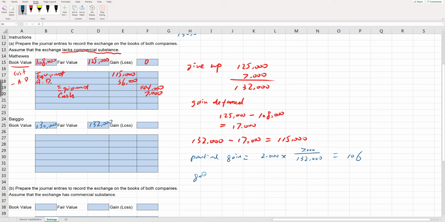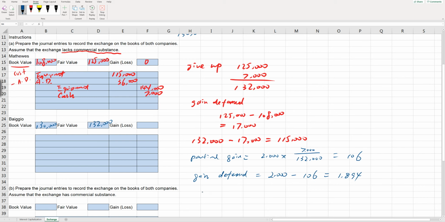So the gains deferred from this transaction, total gain minus partial gain recognized. So we're going to defer $1,894 deferred.